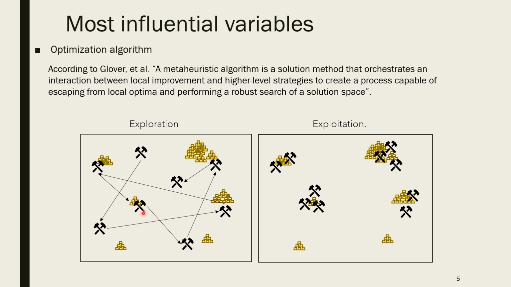Exploration means generating diverse solutions, usually by randomization, to explore as much as possible of the search space, while exploitation means focusing the search on a local region when a good enough solution has been found there. The combination of these characteristics makes metaheuristic algorithms a suitable option to find a good solution in a reasonable amount of time for large-scale, non-deterministic optimization problems.